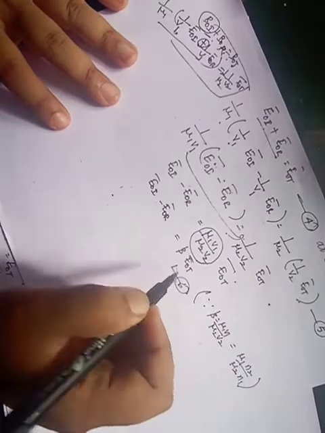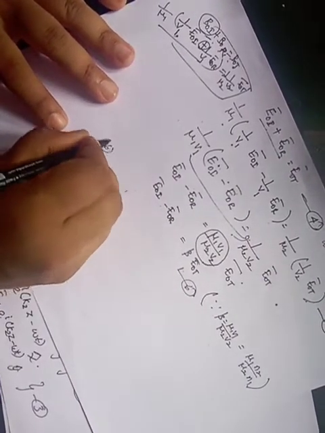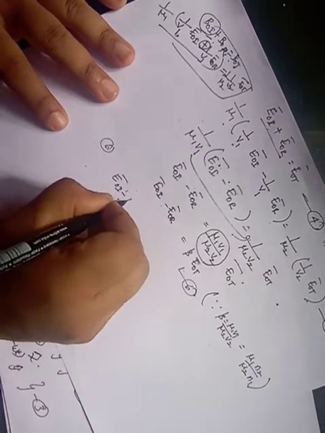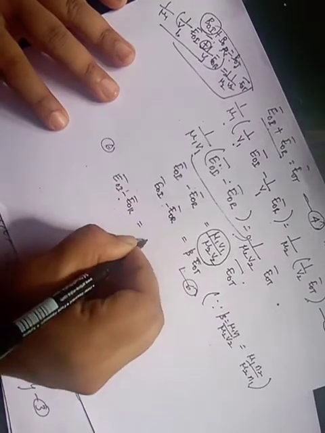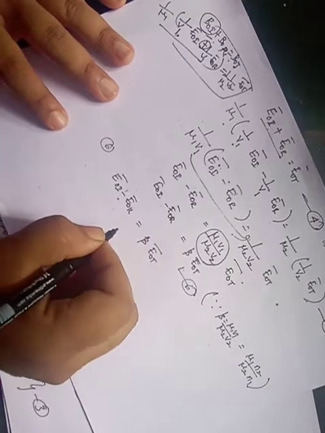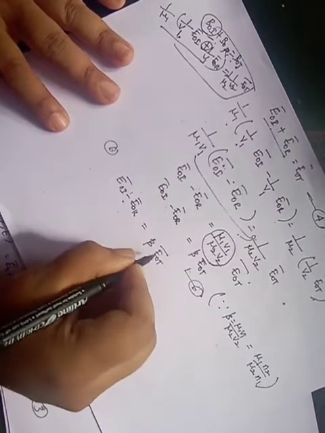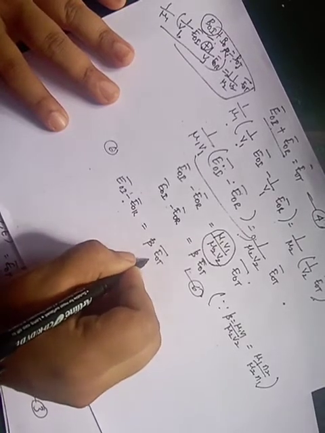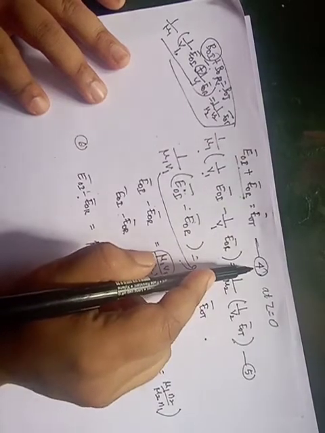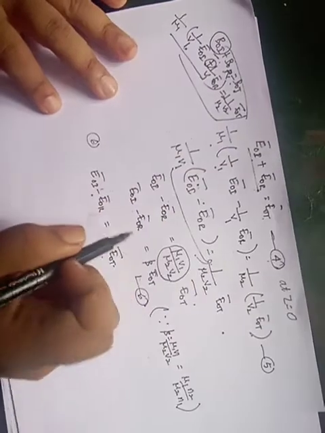First we take equation 6: E naught I minus E naught R is equal to beta E naught T. Instead of this E naught T we are going to substitute E naught I plus E naught R from equation 4.